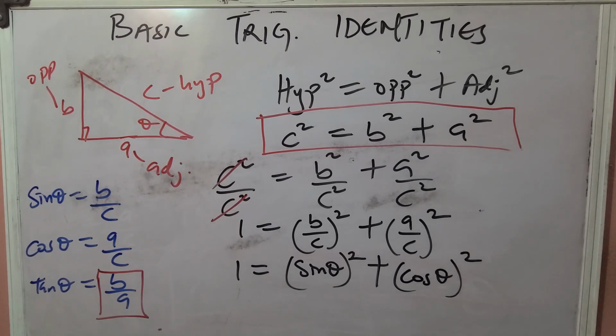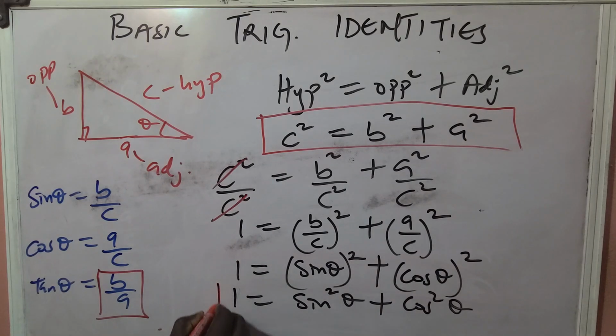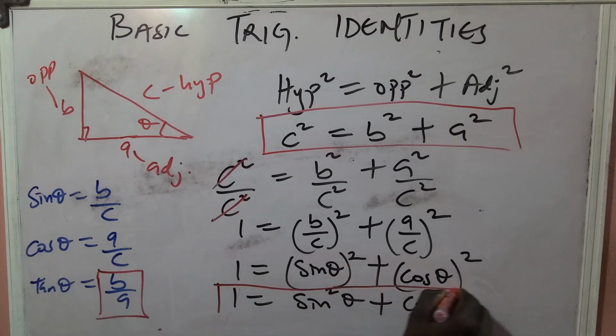So we can rewrite what we have here as 1 equals sine square theta plus cos square theta. And this is our fifth basic trigonometry identity. Don't forget, we have already talked about 4 of them. So this is the fifth one, that's sine square theta plus cos square theta equals 1.